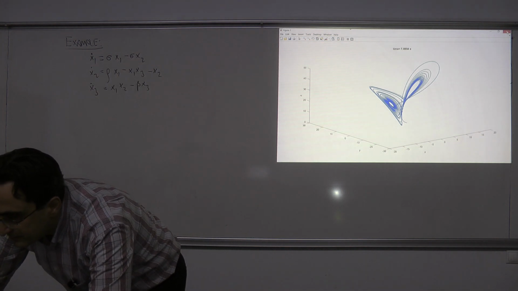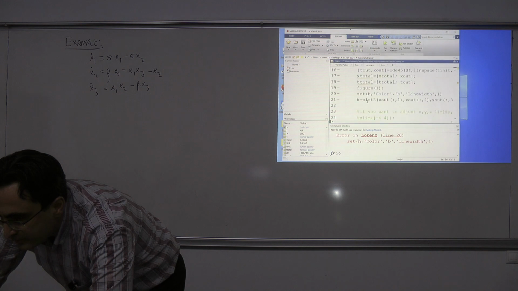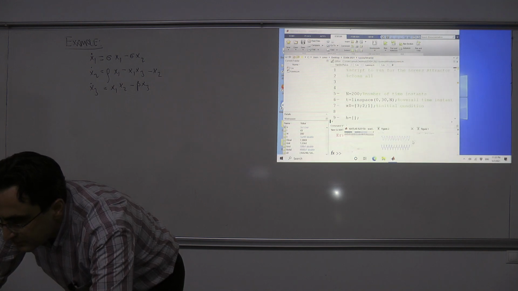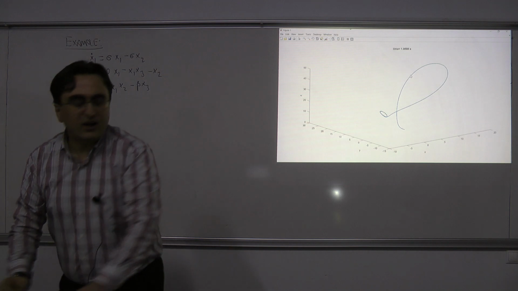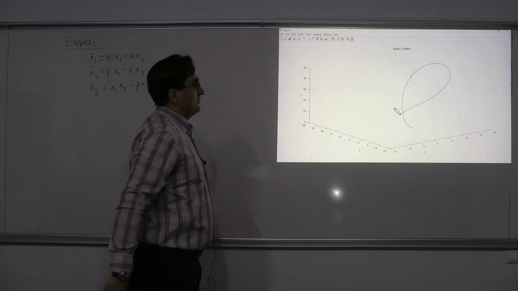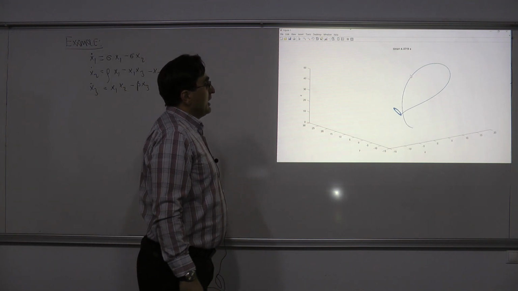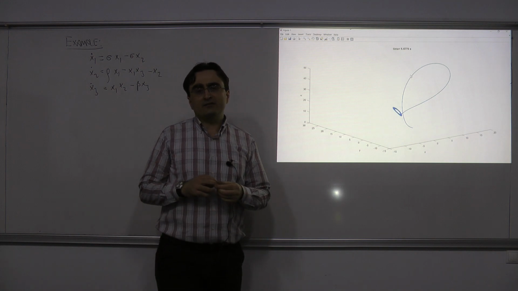So let me restart it once more. So they start and they make this famous butterfly shape, and you can actually prove that.